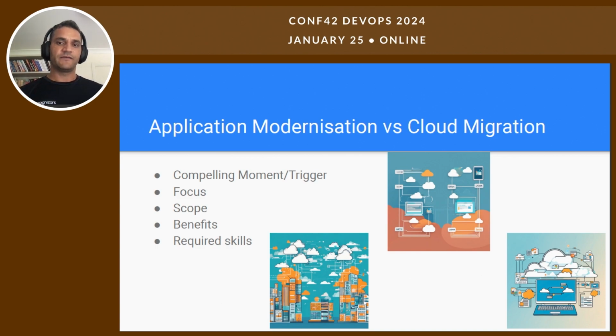Whereas for cloud migration, it is primarily when the data center lease is coming to an end and we need to move our application off to another set of servers, or we need to renew the lease. So that's when cloud migration is primarily considered. From a benefits perspective, application modernization fully leverages cloud technology's potential, whereas cloud migration primarily taps into the scalability and flexibility that is provided by the public cloud platform.